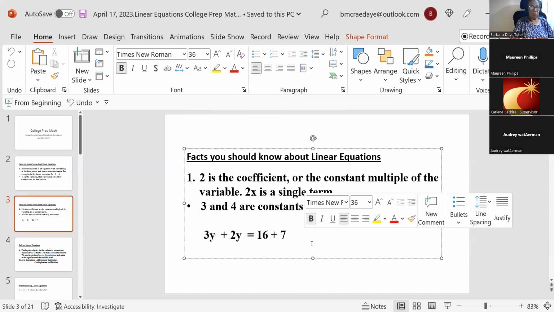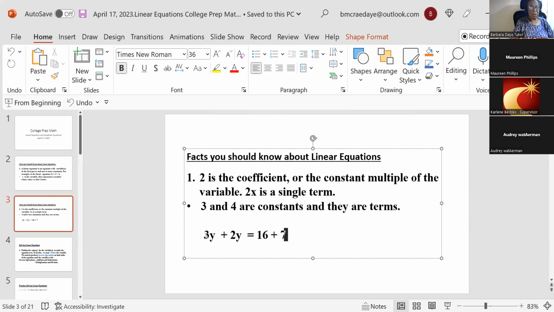How many terms do you see, Audrey? Two terms? No. Look again. 3y plus 2y equals 16 plus 7. How many terms? That's 4. That's right, that's 4. Even though you can add these together and get one term, they appear as separate terms. So this is a term, this is a term, this constant is a term, this constant is a term.